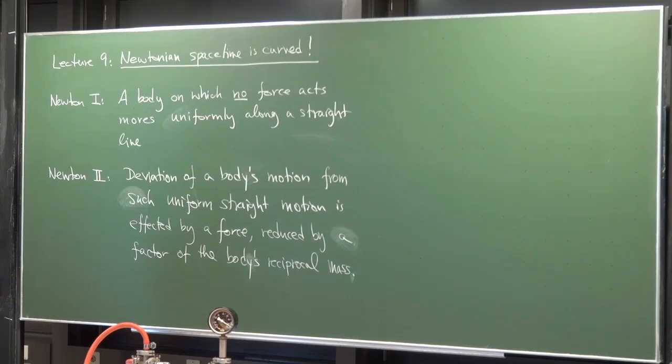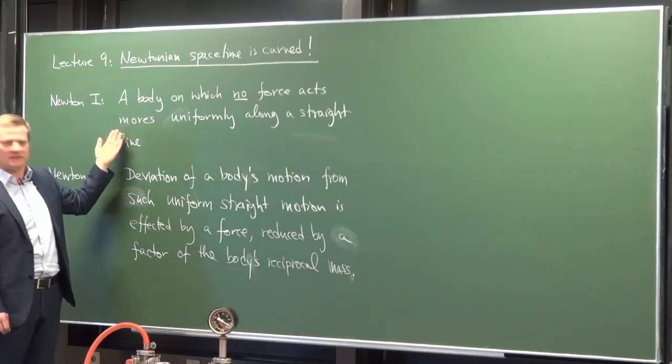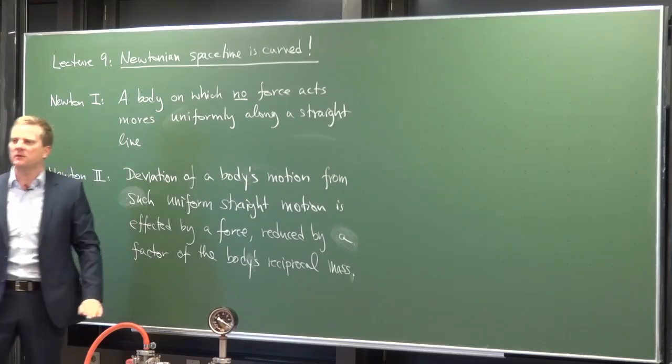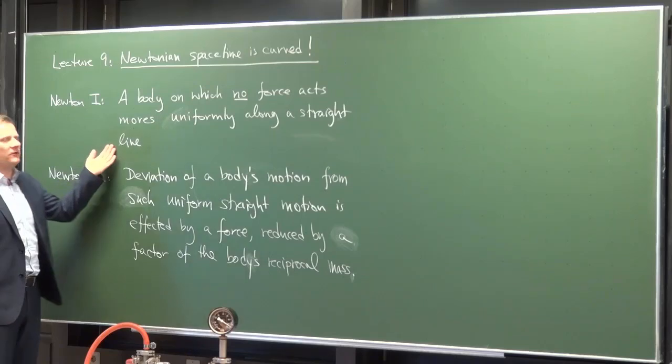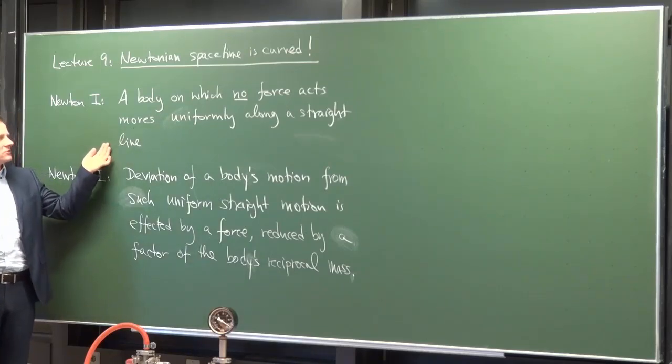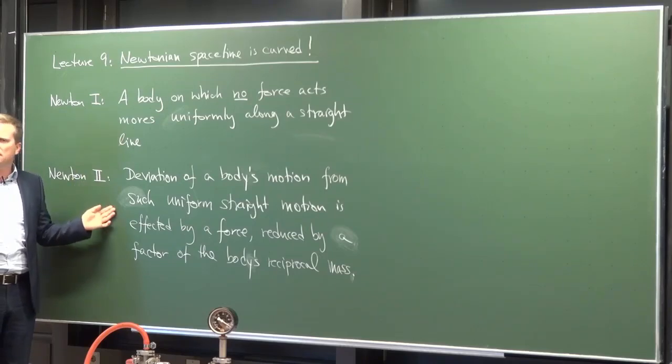We can read both axioms as statements about what a particle does under various circumstances. If no force acts, then the axiom tells us the particle moves uniformly along a straight line. However, if you read the first axiom like a postulate of what a particle does, it is merely a special case of the second axiom.